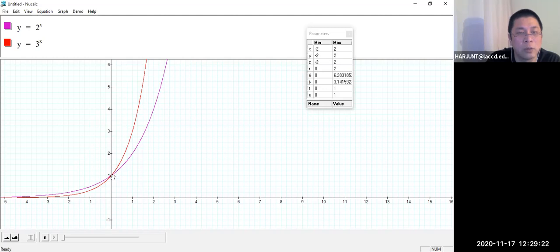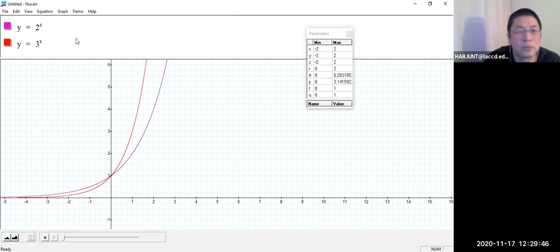When x is 0, y is 1. When I move 1 unit to the right, I multiply that 1 by 3. Multiply by 3. Multiply by 3. So when the base is greater than 1, it will be increasing. The y-intercept is still (0, 1). The domain and the range stay the same.